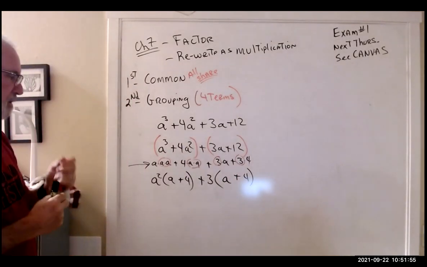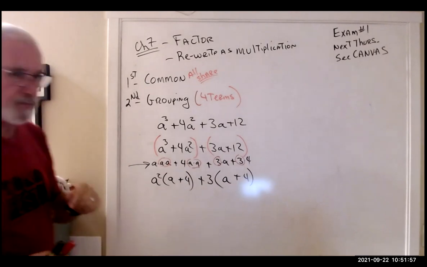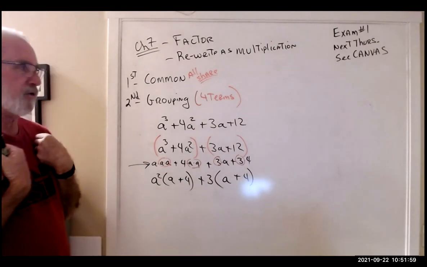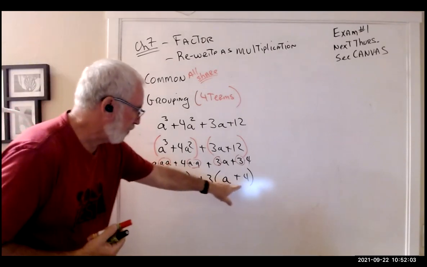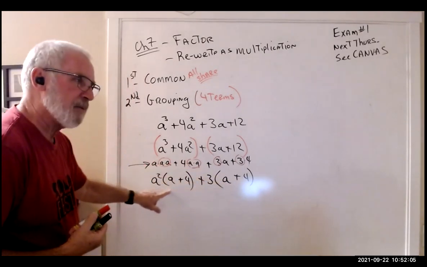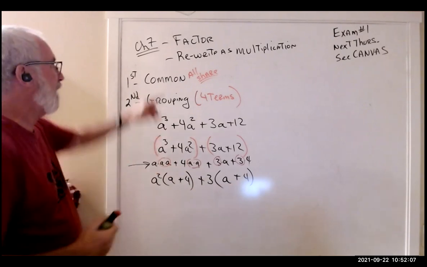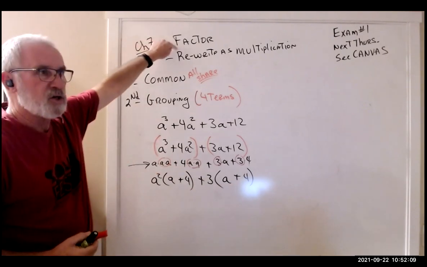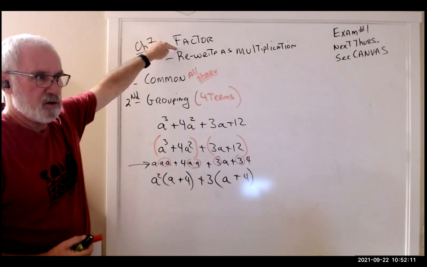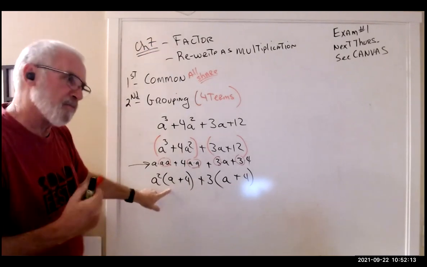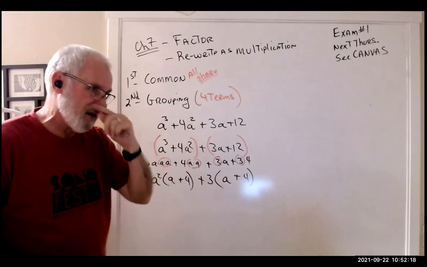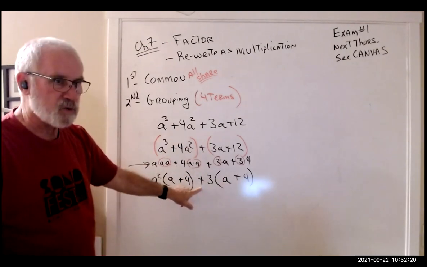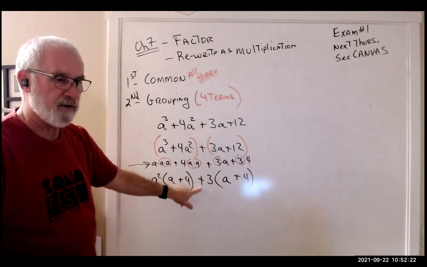Now notice, okay, something really cool just happened. You guys are going, what is he talking about? Look at this. They both have an A plus 4. It's not factored yet. It's not factored because this is partially factored. But that big fat plus sign in between says, no, ain't factored.